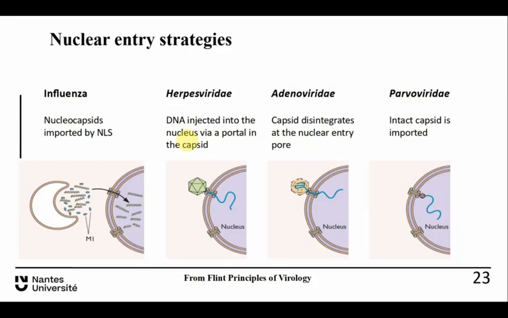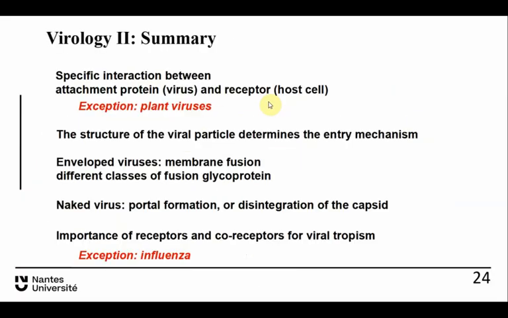And then your viral DNA is here. So the docking interaction will open up this pore and the DNA gets injected out into the nucleus. So the capsid just stays there, but the DNA goes in. Whereas for adenoviruses, the capsid has got to be pulled apart.